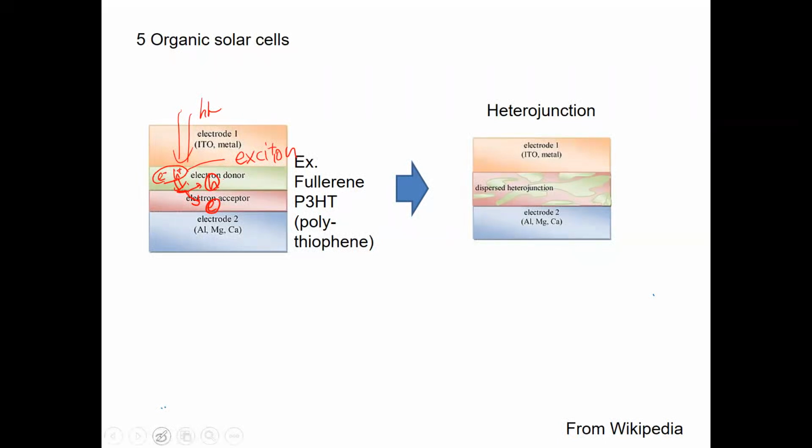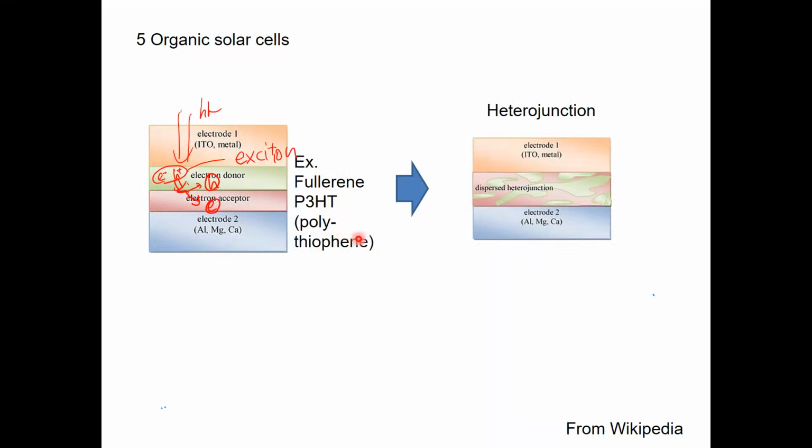And in many applications, fluorene or related materials are used for the electron donor. And P3HT, which is a thiophene-based polymer, is also used for the hole conductor. So these are the typical combinations, but there are many different types of molecules that have been developed recently.